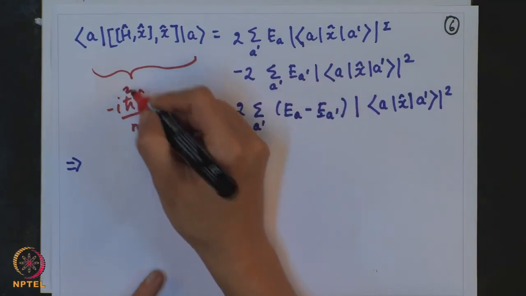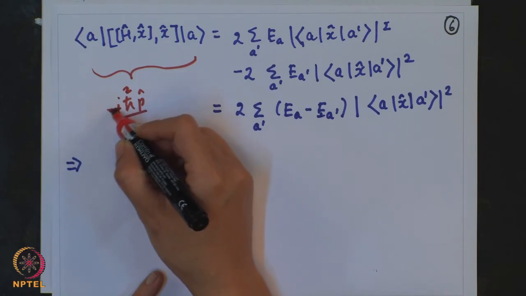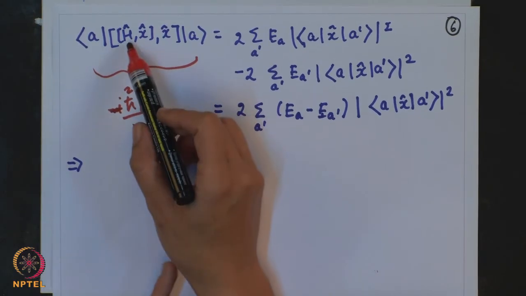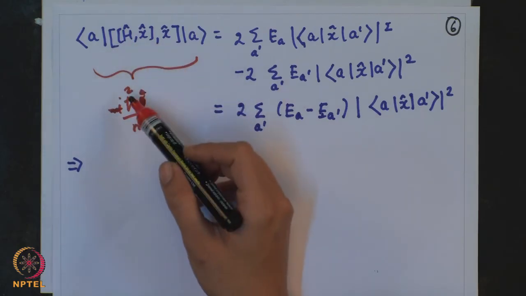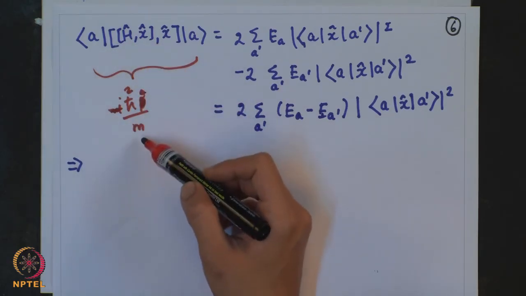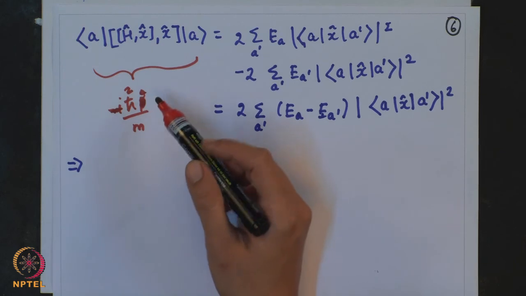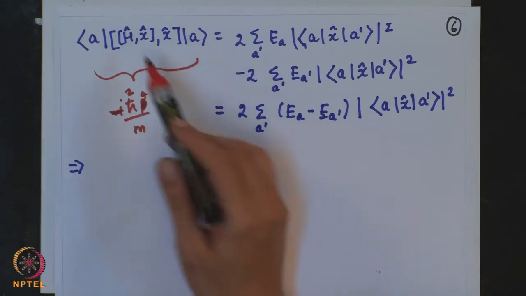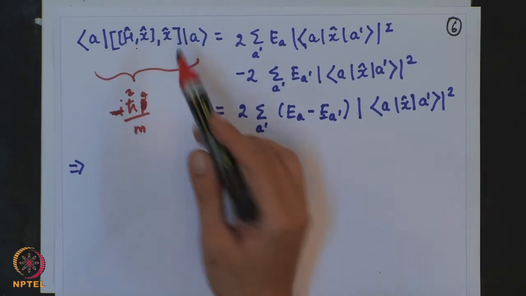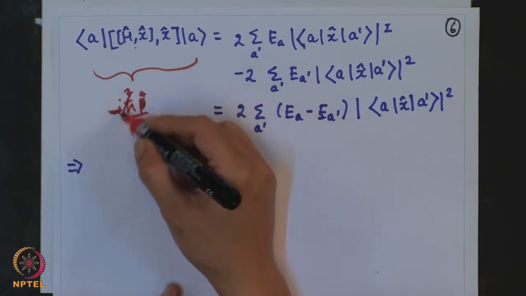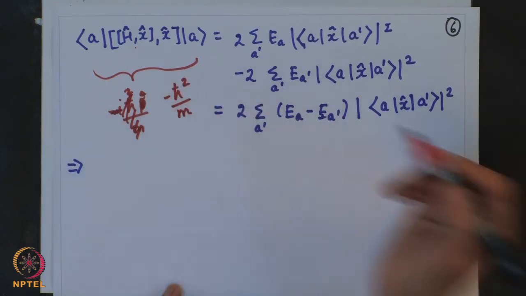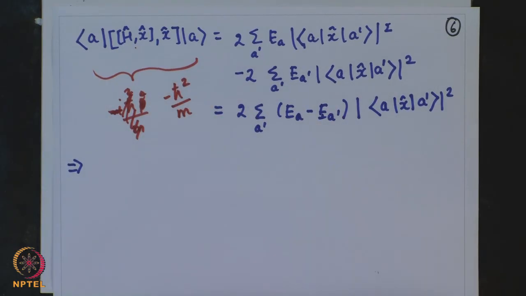Because the commutator of h and x was minus i h cross p cap upon m, and the commutator of this quantity and the operator was minus h cross square upon m, correct.